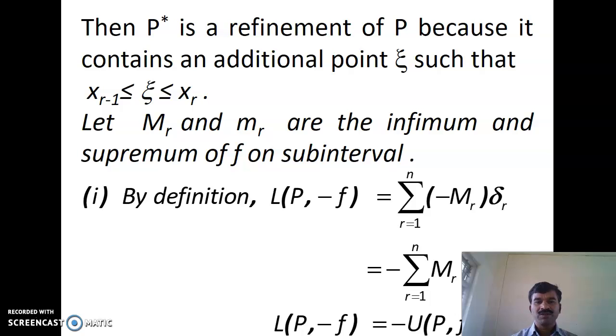Then we can make use of the definition of lower sums, that is L_P of minus f equals the summation of minus M_r delta_r, and taking the minus outside, we arrive at the negative of the upper sum.